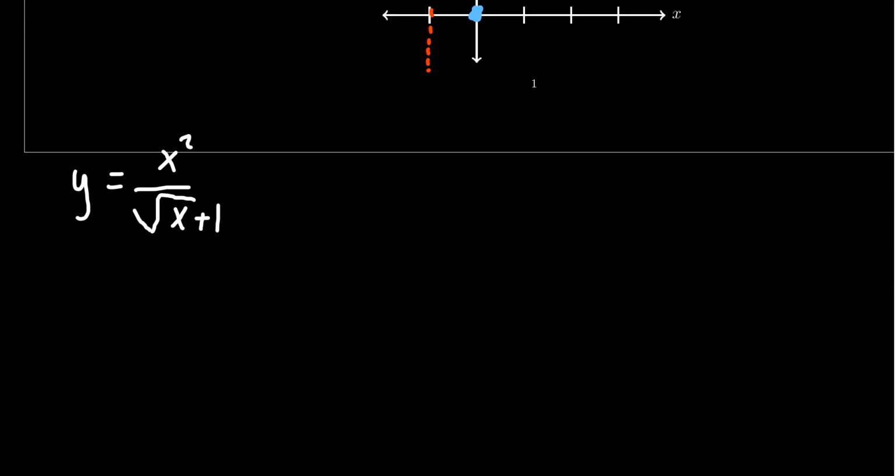And so as we look at the first derivative, we're going to have to apply the quotient rule again. And I'm not going to go through all the details of calculating the derivative this time, just so you're aware.